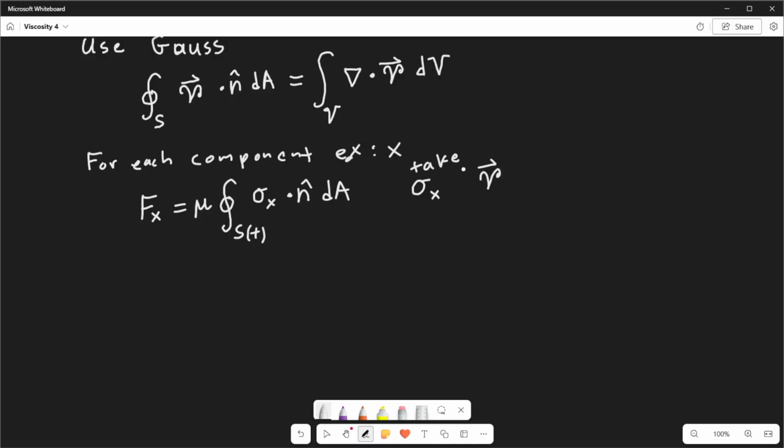What this says is that Fx equals mu times a volume integral. The volume in question is the W volume, because S is the surface of the W volume. And then it's the divergence, the gradient dot product, of sigma x times dV.